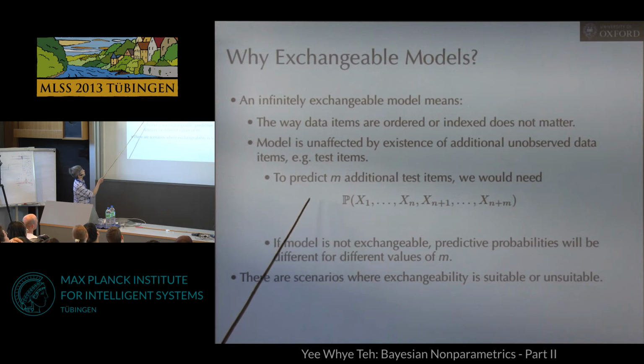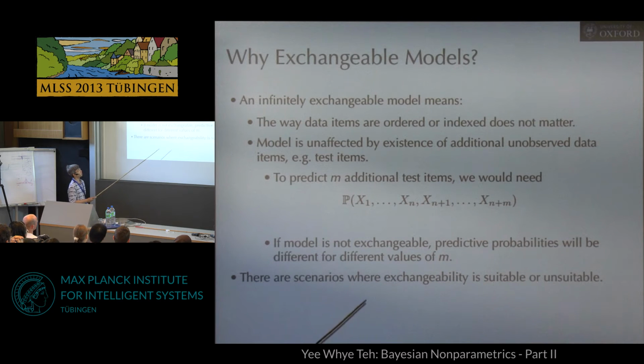A second point is that infinite exchangeability also implies that the model is unaffected by the existence of additional unobserved data points. Let's imagine that we have a data set of size n, and we want to learn something about our data set, and then we are asked to predict what would happen in the next m test items.